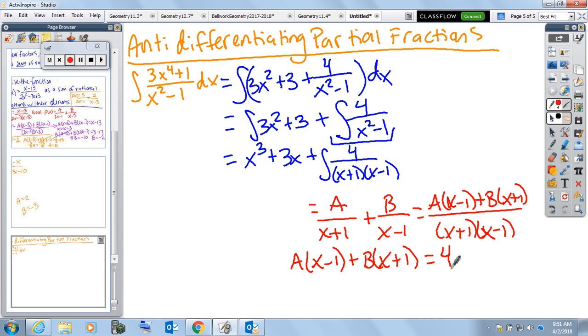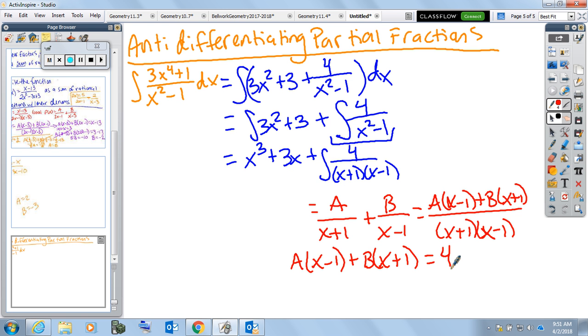Alright, so now we have to think to ourselves once again. We want to cancel out one of them and leave the other. So a positive 1 would cancel out A, and a negative 1 would cancel out B. Okay? So it doesn't really matter which one you look into first. Let's go ahead and cancel out B, I guess.